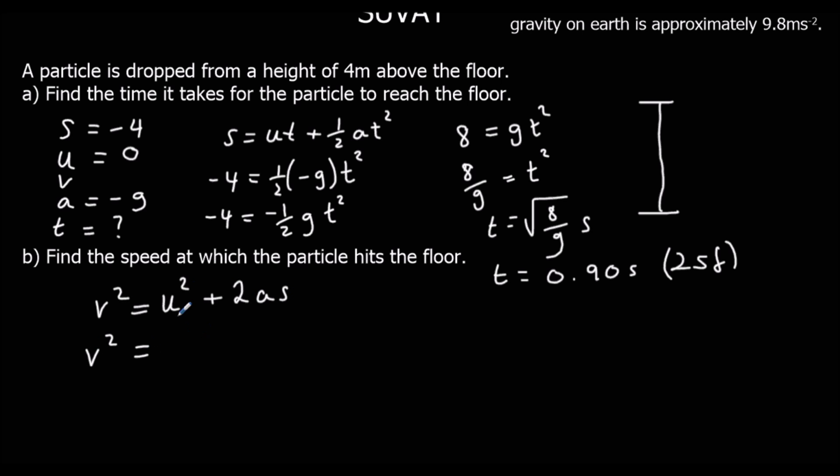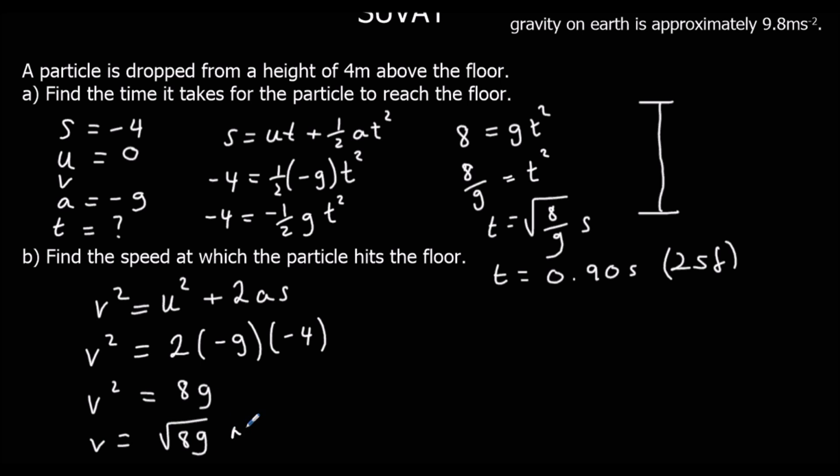V squared equals 0 squared plus 2 times negative g times negative 4. So v squared equals 8g, and v is the square root of 8g meters per second. So the square root of 8 times 9.8, to 2 significant figures, is 8.9 meters per second.